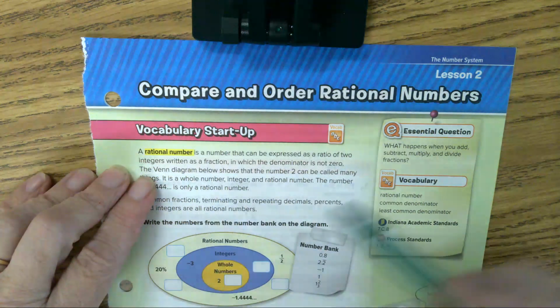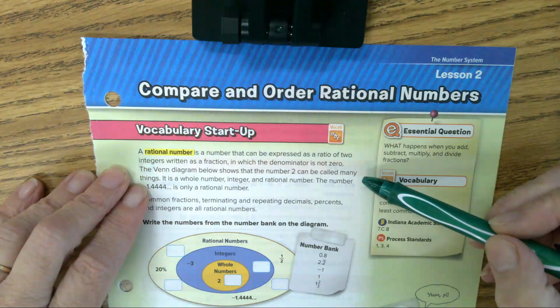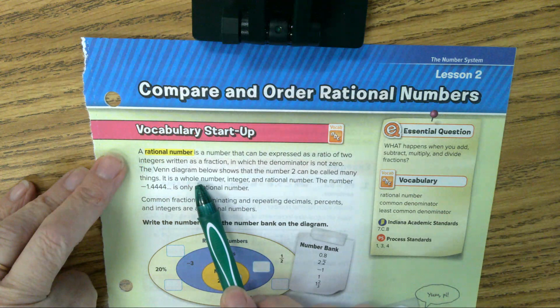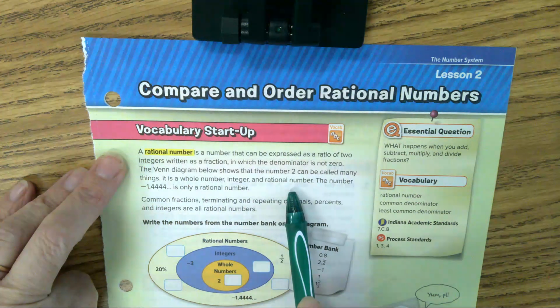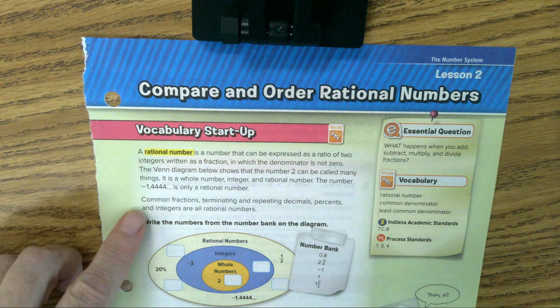The Venn diagram below shows that the number 2 can be called many things. It is a whole number, integer, and a rational number. The number -1 and 4 repeating, which we would put a line over, is only a rational number. It is not an integer, kids.